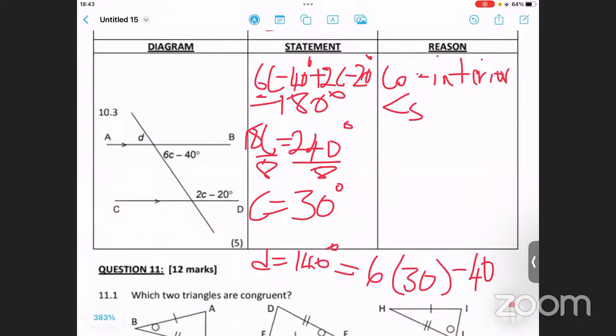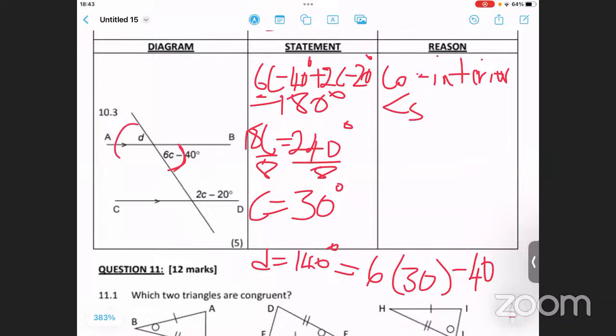Perfect. So she started firstly with calculating the value of C because it will then be easy to get the value of D, right? Once you are able to calculate the value of this angle, you can now say this angle is equal to this one.